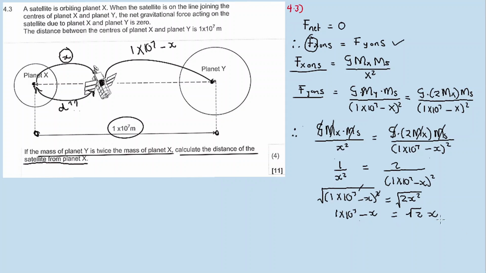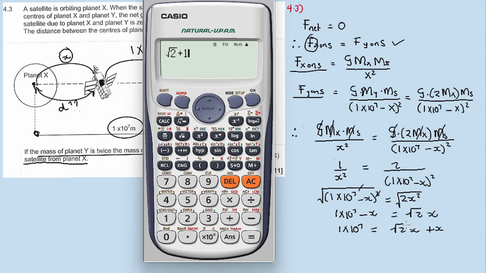Therefore we continue, 1 times 10 to exponent 7 is equal to square root 2 x plus x. Basically, we transpose x to the right hand side. Therefore what is square root 2 plus 1? Remember, x was 1x here, so we add the like terms.